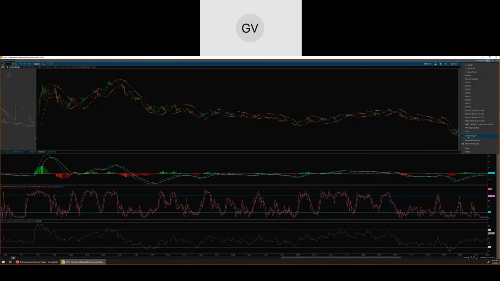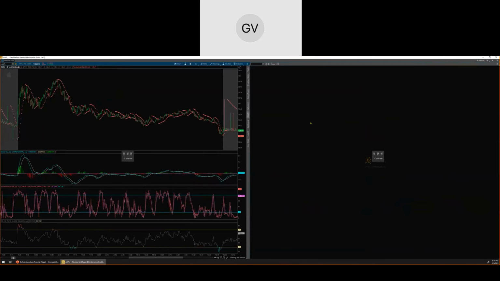So what I'm going to do is, I cut the screen into two halves, right?